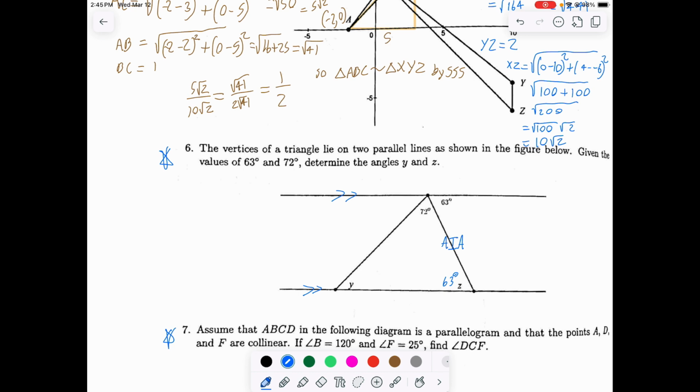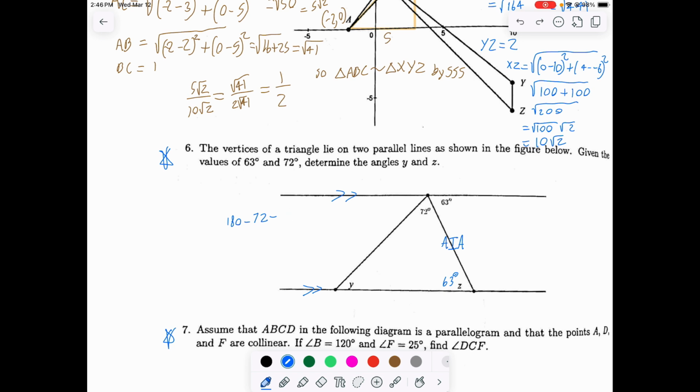Awesome. So what is y? Well, if I use the triangle sum theorem, I could find out what the measure of angle y is. So 72 degrees, 63 degrees, and y. So I'm going to take 180 minus 72 minus 63.